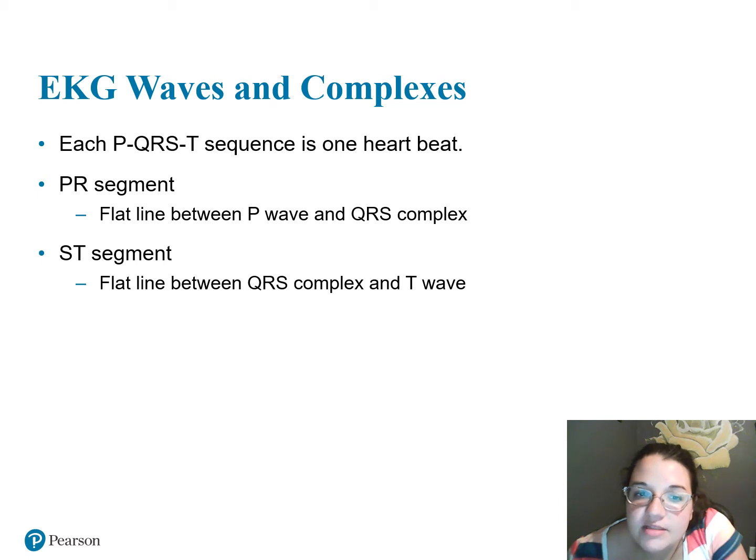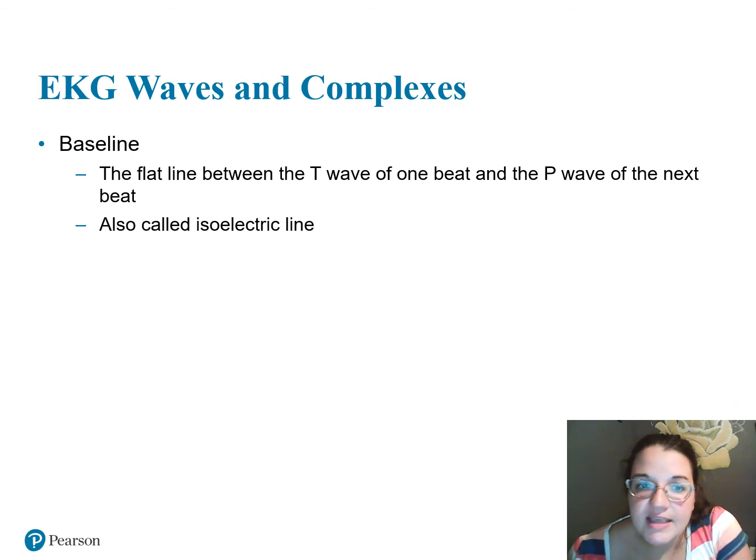Your PR segment is the flat line between your P wave and your QRS, and your ST segment is the flat line between your QRS complex and your T wave. The baseline is a flat line between the T wave of one beat and the P wave of the next beat, also called your isoelectric line, meaning it's equal on both sides. We're at a negative charge and nothing is happening. We're polarized.